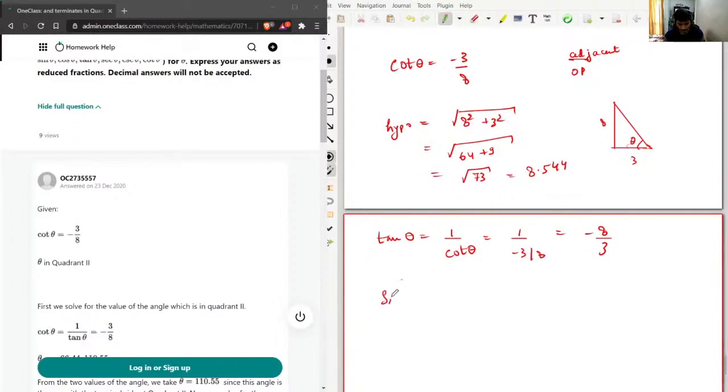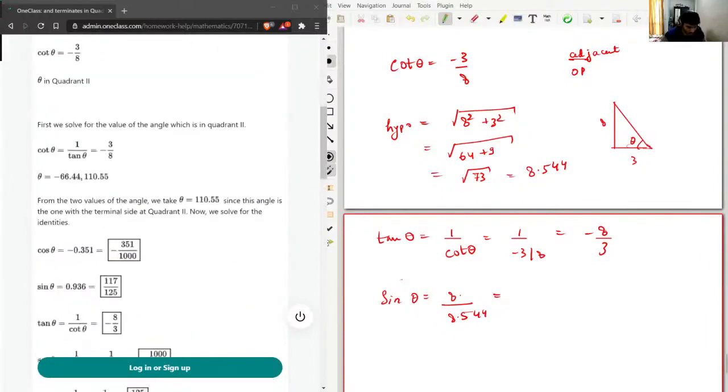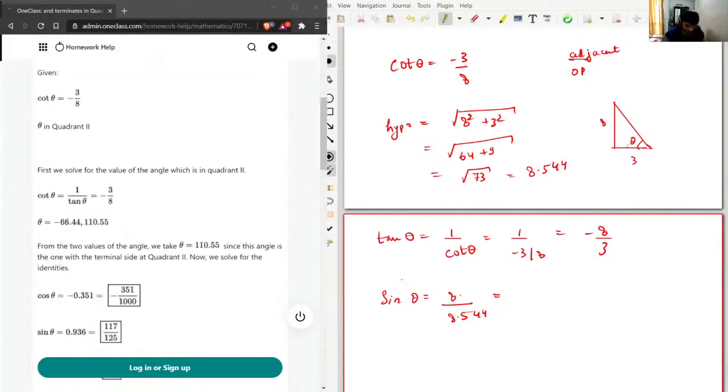Now we need sine and cosine. For sine theta, it will be opposite over hypotenuse. So 8 over 8.544, and sine is 0.936.